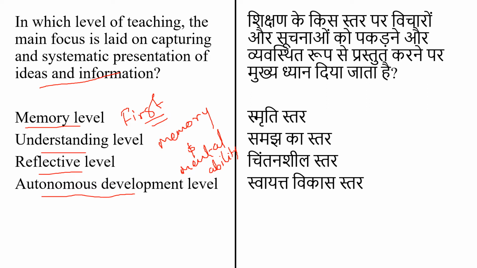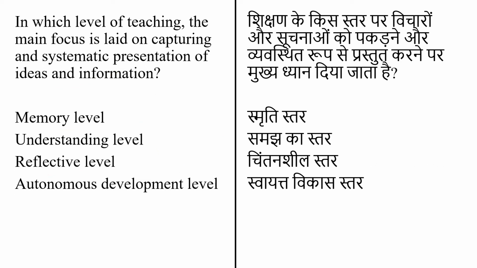It is the lowest level of the teaching, and at this level the thinking ability does not play any role. The students only cram the facts, information, formulas and laws that are taught to them. The teaching is nothing but learning the subject matter by rote, and the main focus is laid on capturing and systematic presentation of ideas and information. That means the correct answer here is option number A, that is memory level.